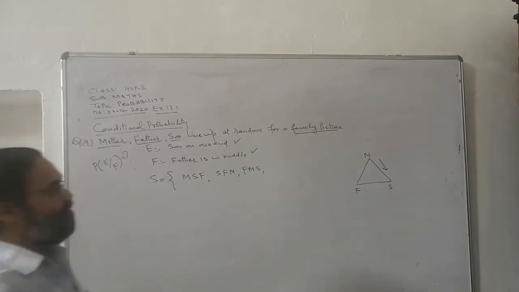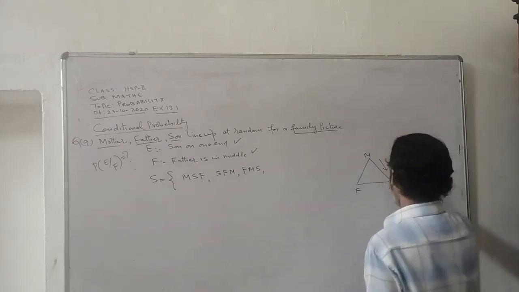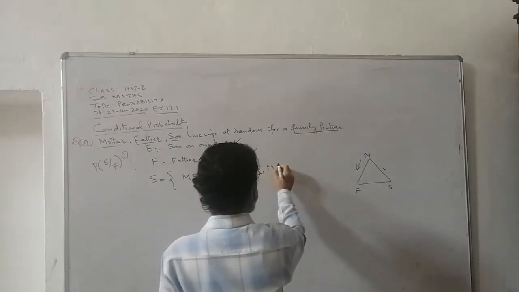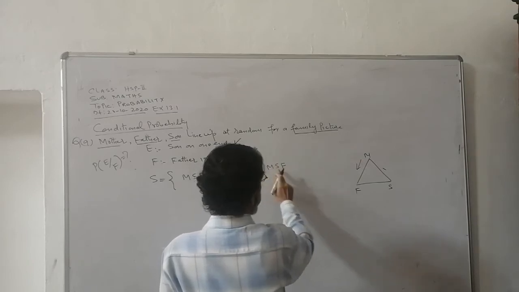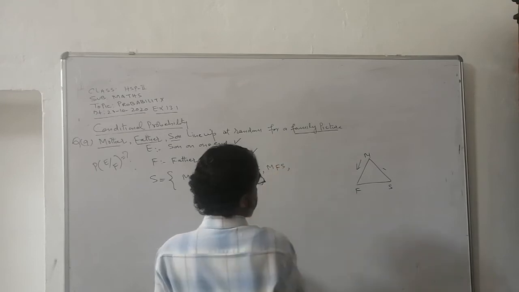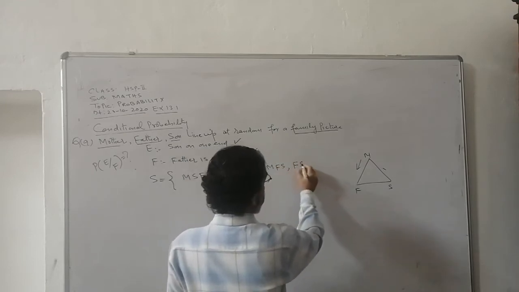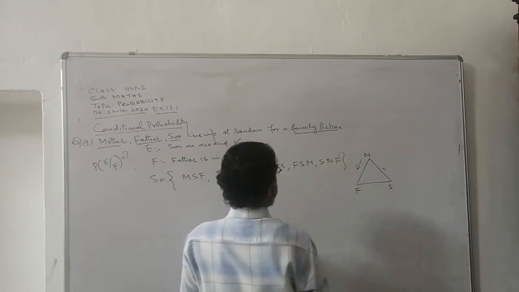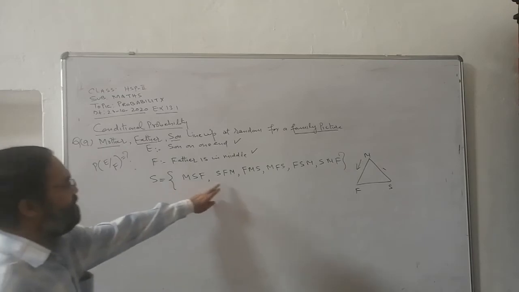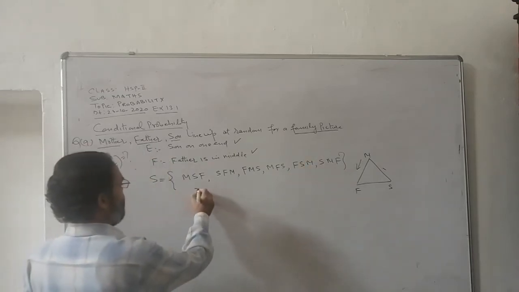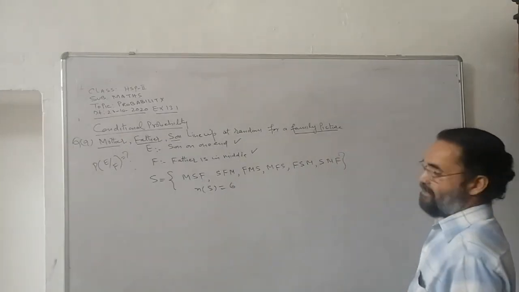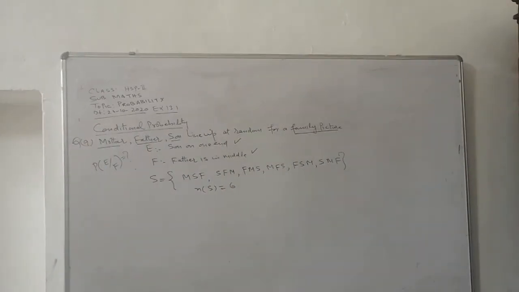The other arrangements can be M F S, F S M and S M F. So these are the 6 possible arrangements of getting a family picture. So we have n equal to 6.